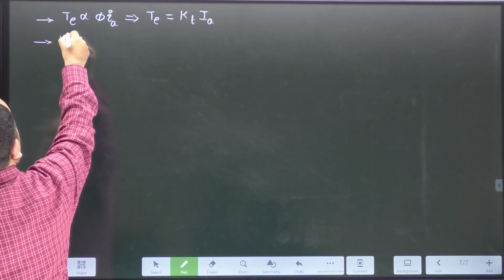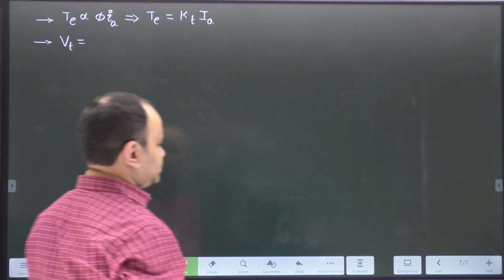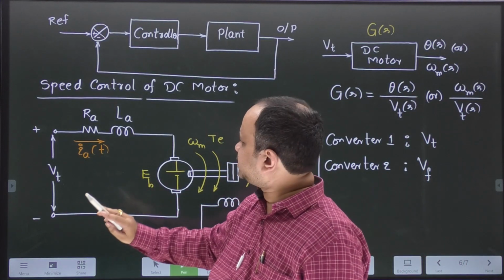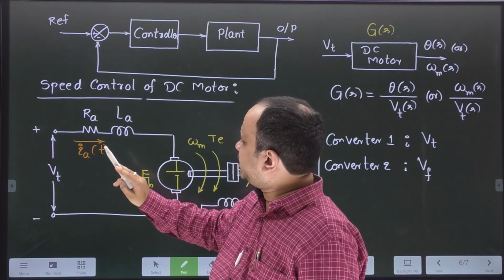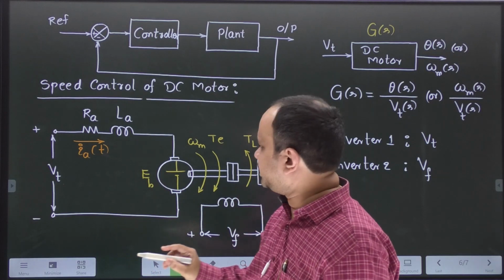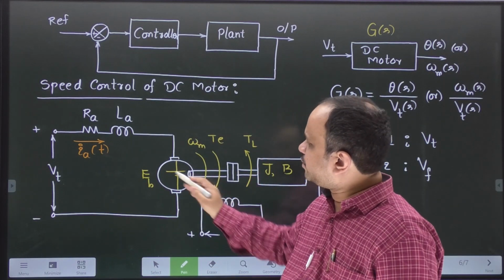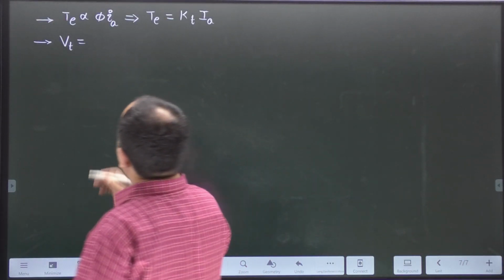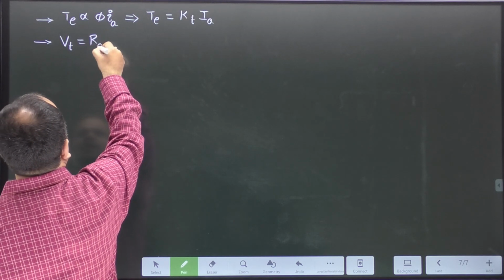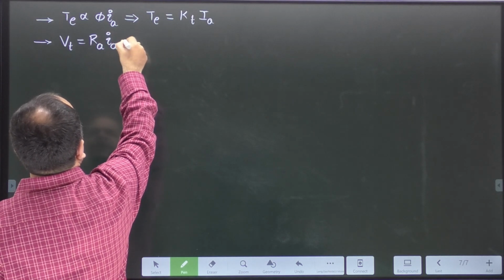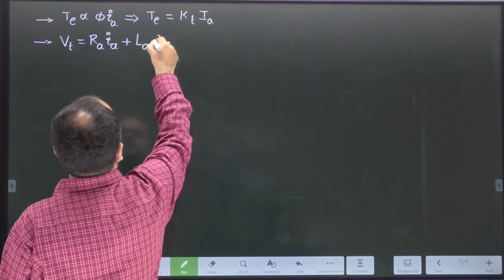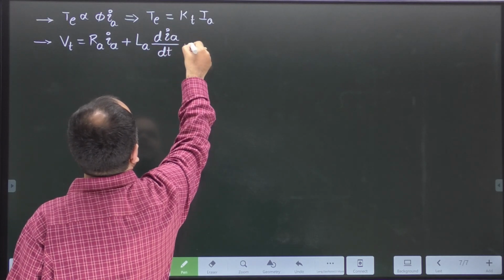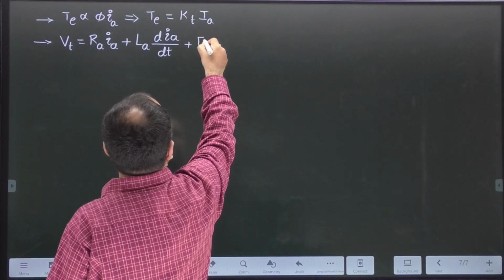Next, in the armature circuit, the terminal voltage is the voltage drop across armature resistance, plus the drop across armature inductance, plus back EMF. Therefore, Vt is equal to RA multiplied with IA plus LA multiplied with dIA by dt plus EB.